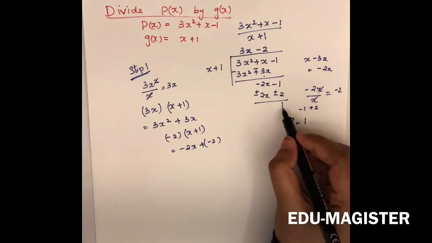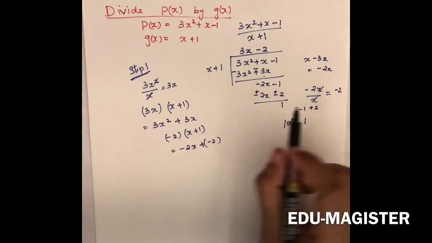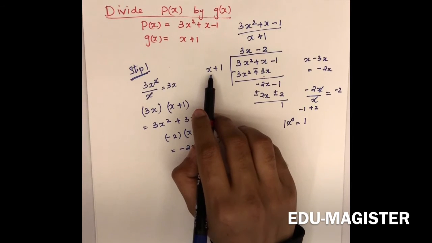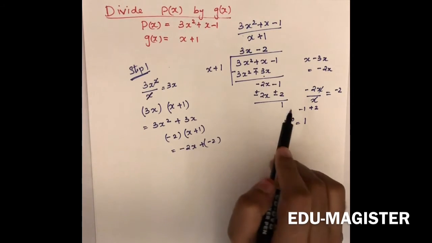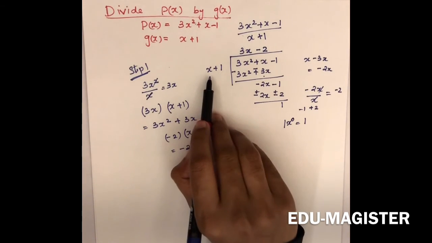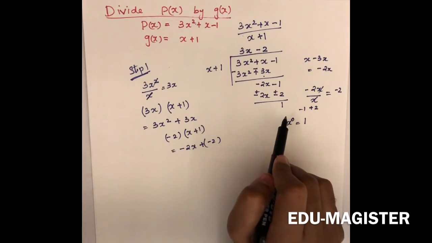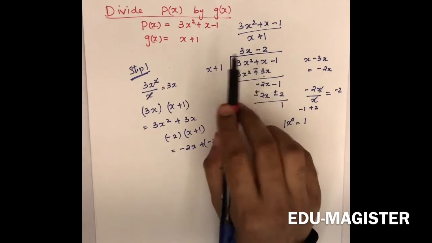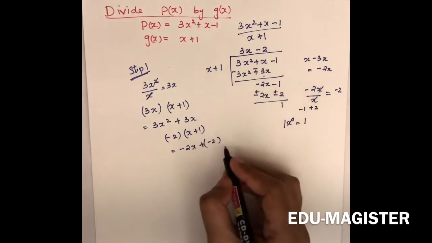Since this is a constant polynomial, the degree of this remainder is 0, whereas the degree of the divisor that we have is 1. So, since the degree of the remainder is less than the degree of the divisor, we stop the division at this point.